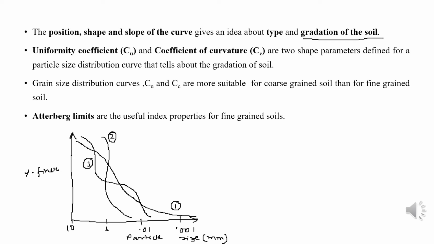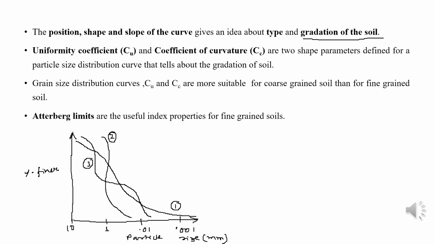corresponding to telling about the gradation of the soil, we can use different terms. These terms will be more justified when we define the uniformity coefficient and the coefficient of curvature.